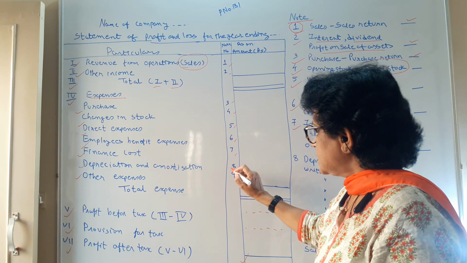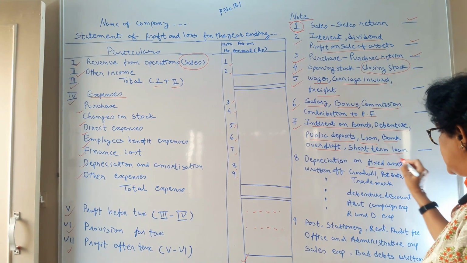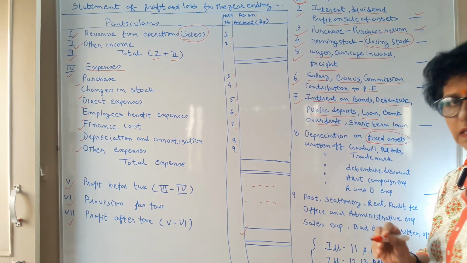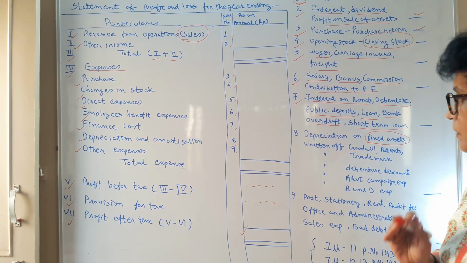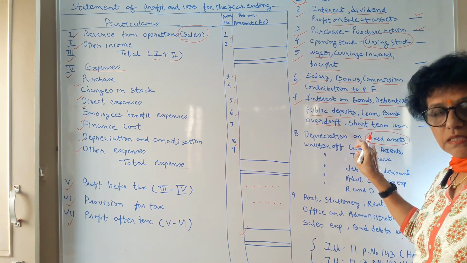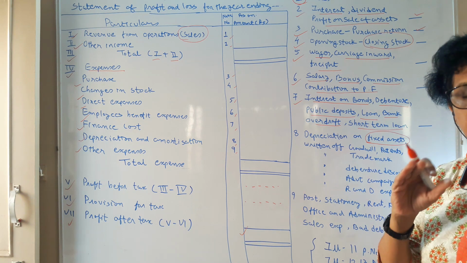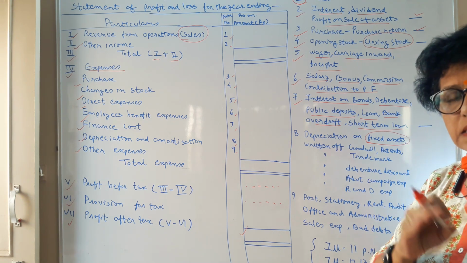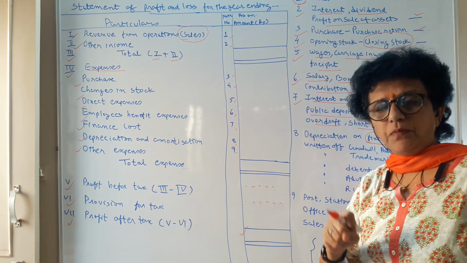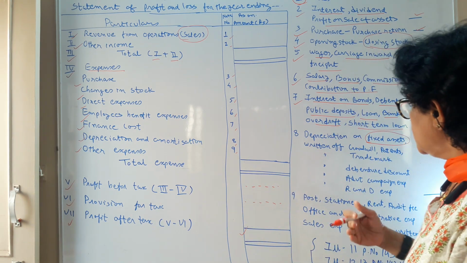Then depreciation, note number 8. Depreciation on fixed assets is a very important aspect for the company, because you can play a game with the help of depreciation and increase or decrease your profit, and that's why the Companies Act pays maximum importance to the depreciation calculation and how you show it.